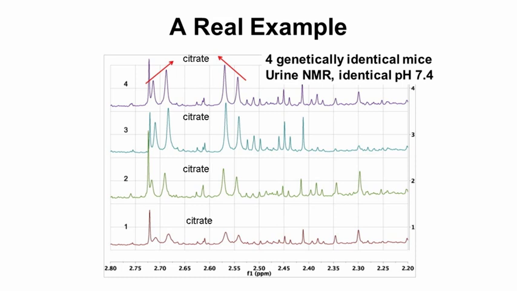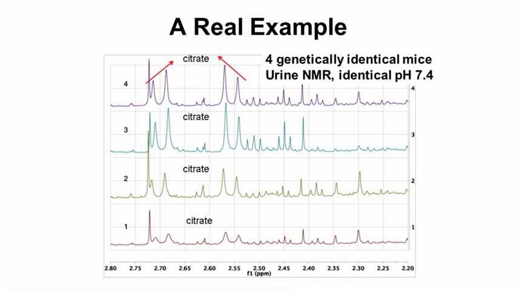If you compare the purple to the blue to the green, you'll see that they're shifting in some cases by about 0.02, 0.03 ppm. We can also see that the line widths are varying as well. The one at the bottom has a wider line width than the ones at the top. These are all effects that can arise from the matrix and can lead to spurious statistical results.